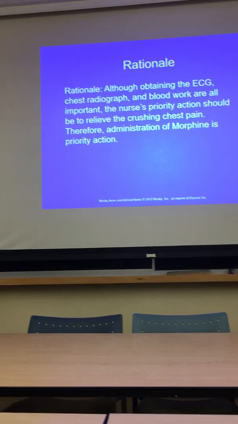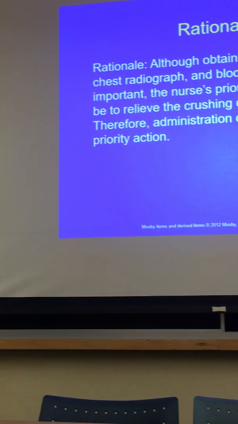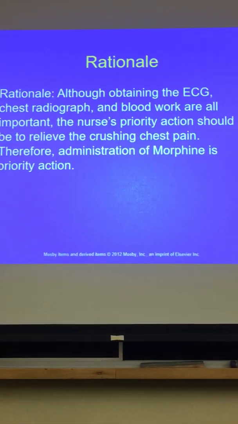In chest pain, it's an emergency, and giving morphine to the patient will relax the patient, cause vasodilation of the blood vessels around the heart, and greatly reduce the pain and the anxiety that the patient has. So in this case, administration of morphine will be the first thing that you are going to do as a registered nurse.